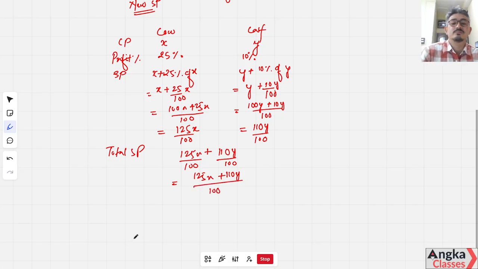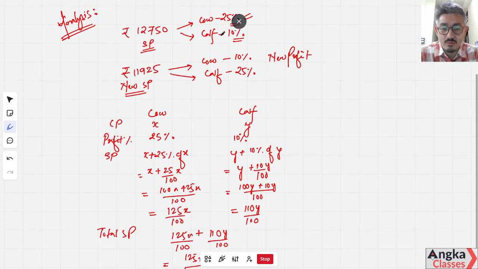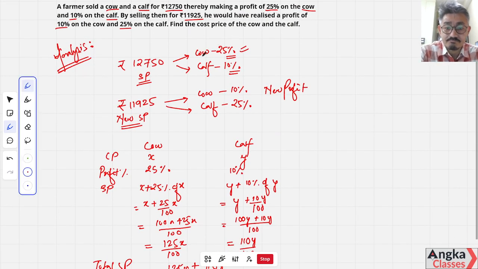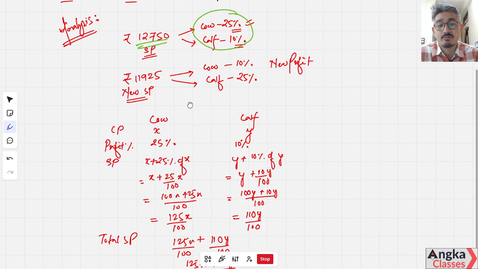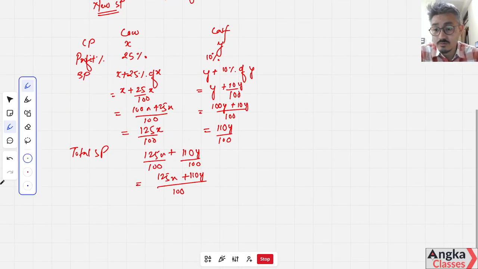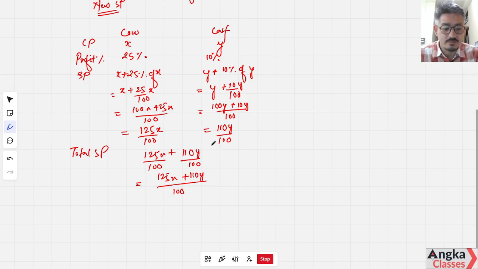Now, in the question the total selling price given is 12,750. So 125x plus 110y upon 100 is equal to 12,750.